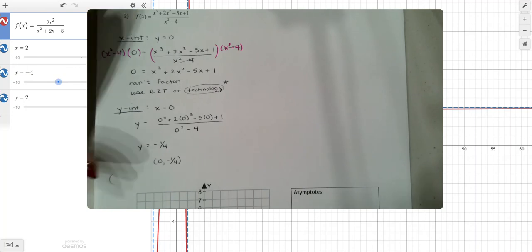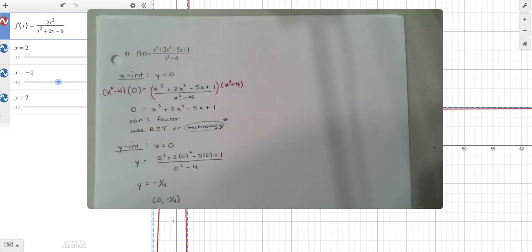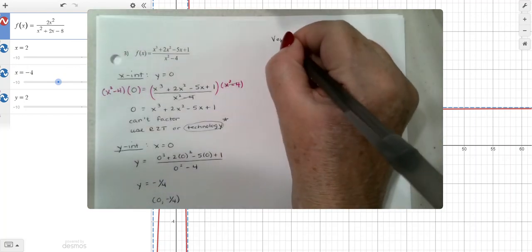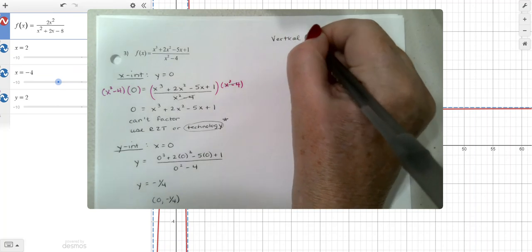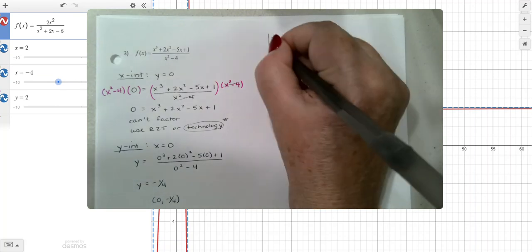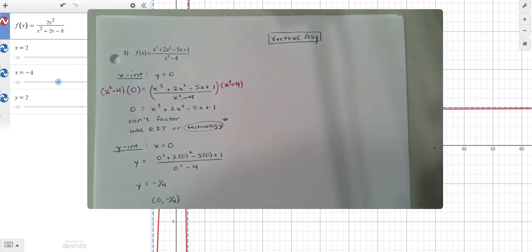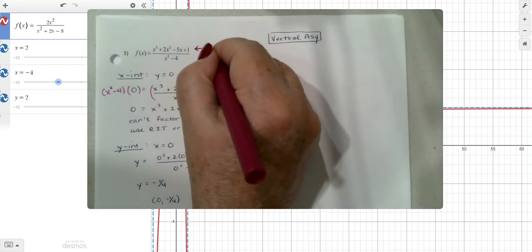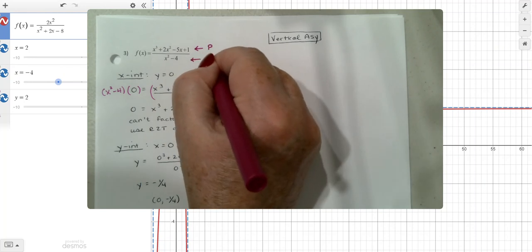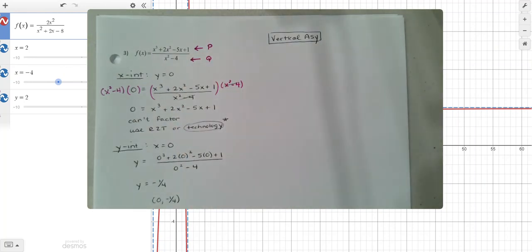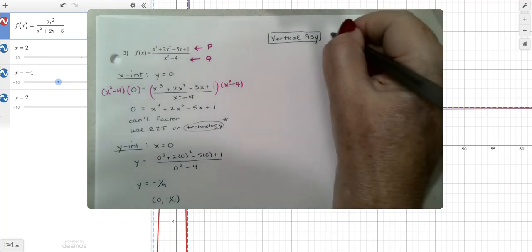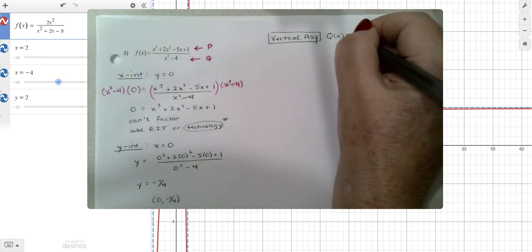All right, we're ready to talk about asymptotes. As far as any vertical asymptotes, if I once again think of my numerator as p and my denominator as q, vertical asymptotes occur when the denominator, q of x, is 0.